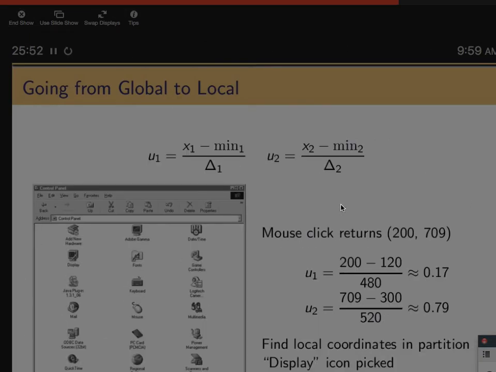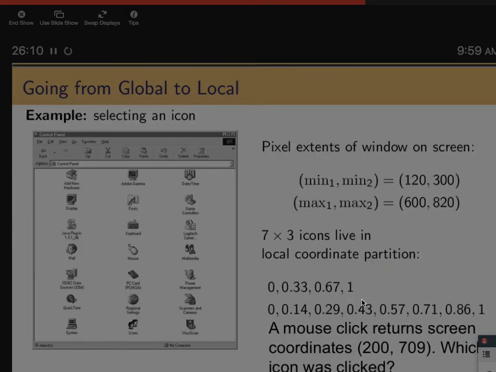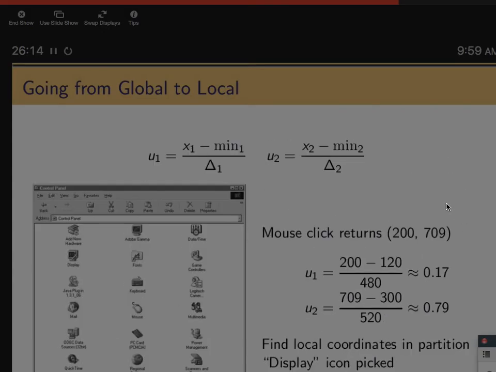So to solve this, as I said, you're going to solve for U1, similar to what I have here. You fill that in: 200 minus 120, over 480, which is 600 minus 120, gives you about 0.17. And U2, you do the same thing, except you do 709 minus 300, divided by 520. That's again because I'm looking at the difference of those. That gives me about 0.79.